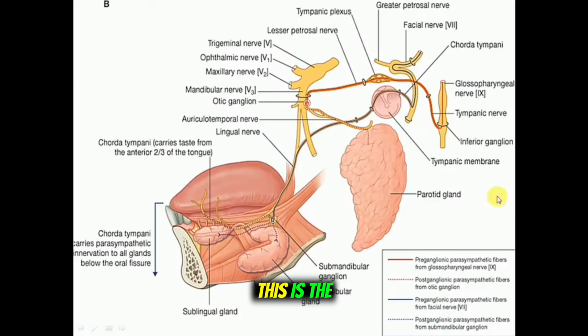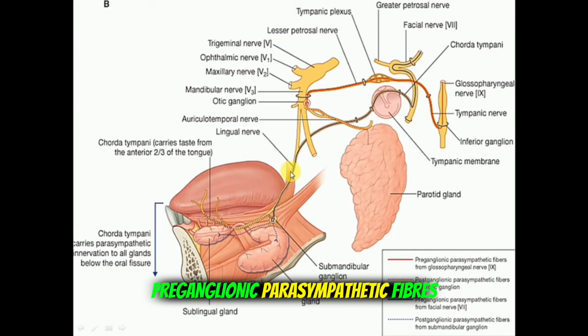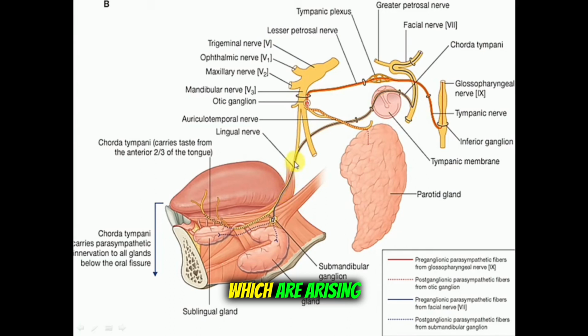We can see here, this is the chorda tympani branch of the facial nerve, which is joining the lingual nerve here, and via the lingual nerve, the chorda tympani nerve, which carries the preganglionic parasympathetic fibers arising in the superior salivatory nucleus, pass via the posterior root of the lingual nerve and enter the submandibular ganglion.